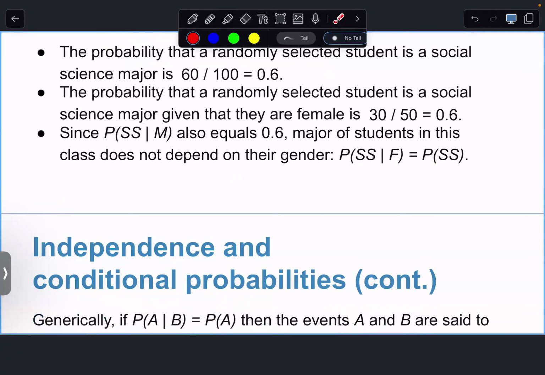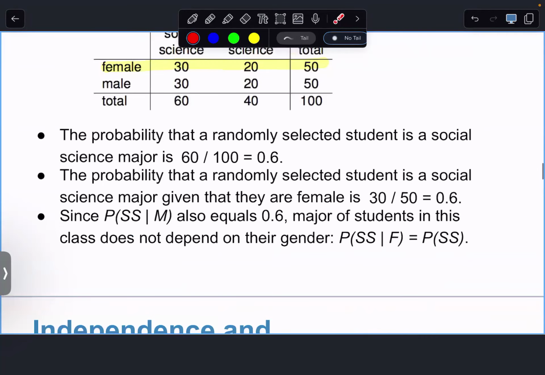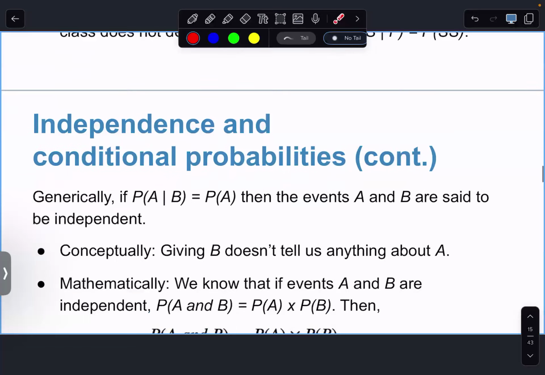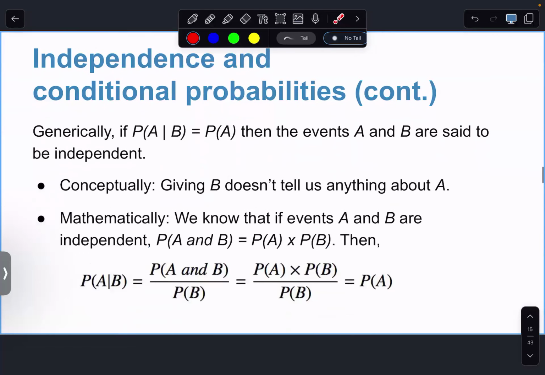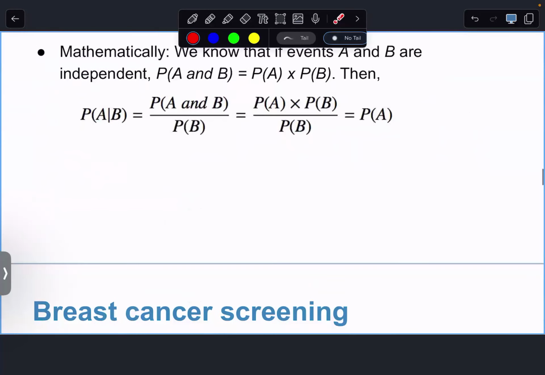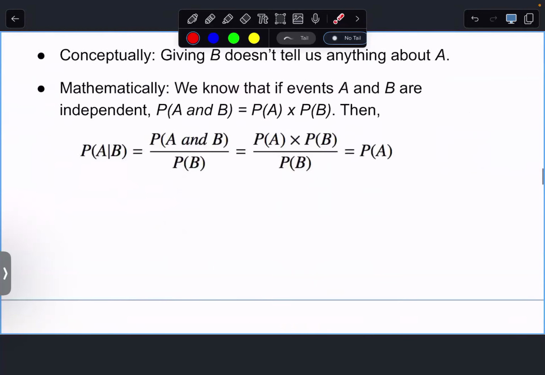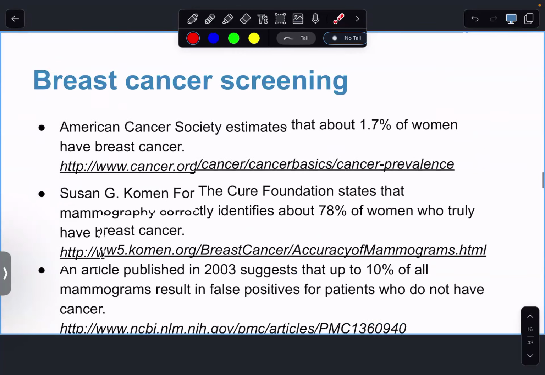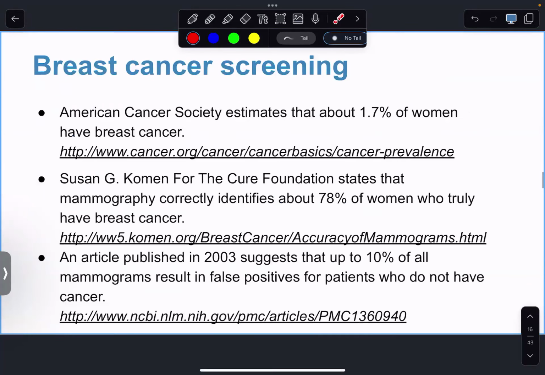It's just the probability of being a social science major, which was 60 over 100. Okay, I'm going to slide past this one because we have already talked about it a lot.